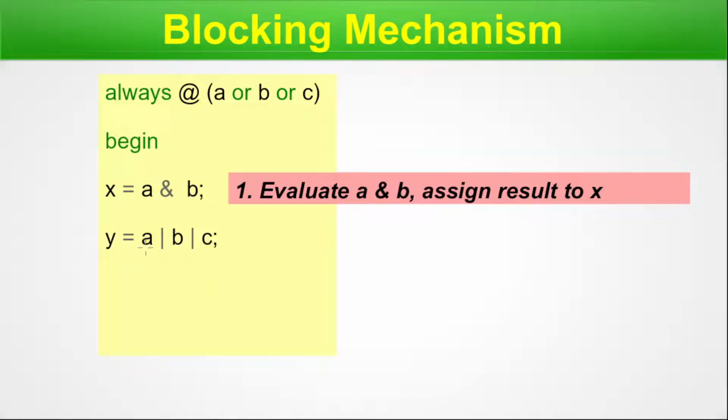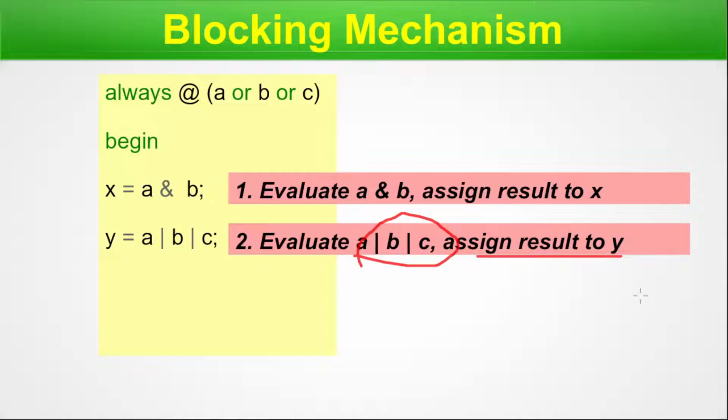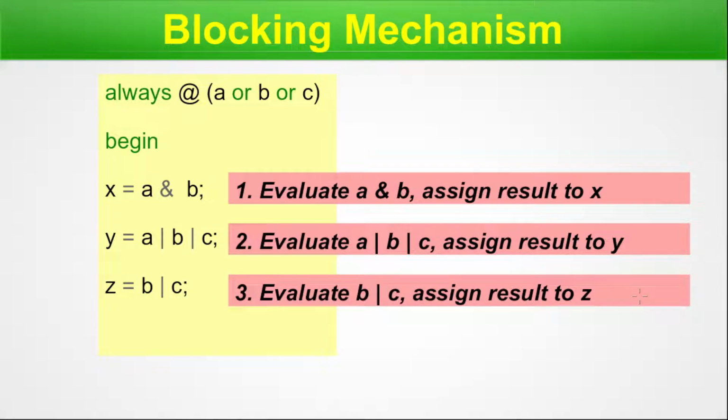Next, Y is equal to A or B or C. Evaluate this logic equation and assign it to Y immediately. Z equal to B or C. Evaluate B or C and assign the result to Z. So these are happening instantaneously. That means once the playhead reaches this point, this assignment takes place from RHS to the LHS. Next the playhead reaches here, it happens from here to here.